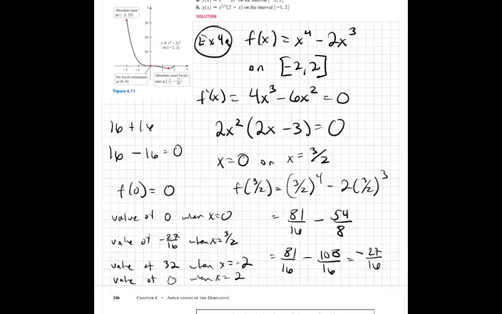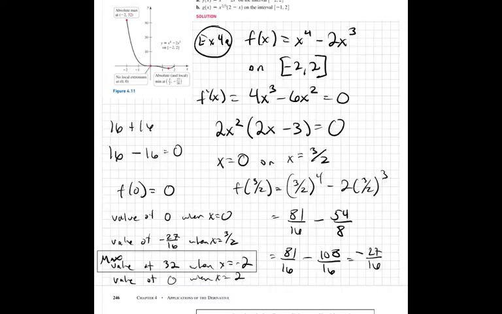So then we have a max value of 32 when x is negative 2. That occurs at an endpoint. What kind of max is that? It's an absolute max because it's at an endpoint.